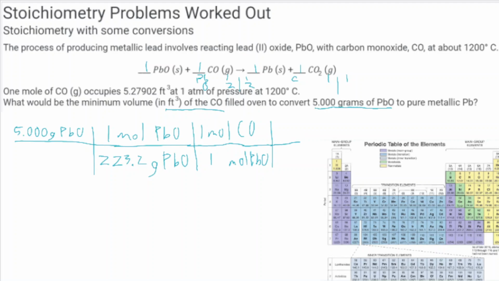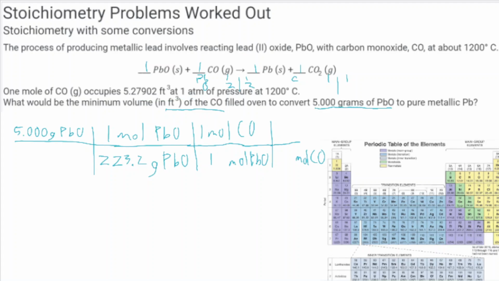All right, now we need to try to get to cubic feet. So we need to look and see if there are any conversions that we have that have moles of carbon monoxide or moles of CO. And if we read the question, we can see that 1 mole of CO occupies 5.27902 cubic feet.